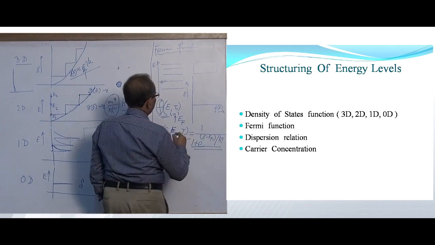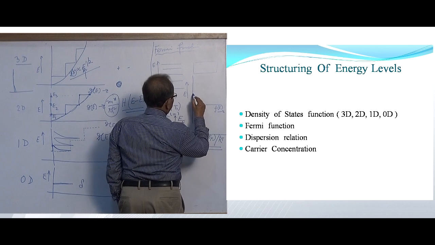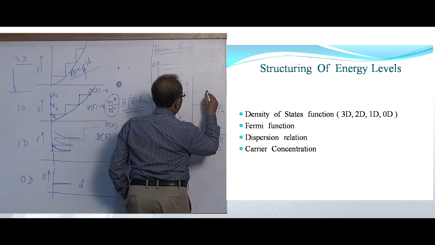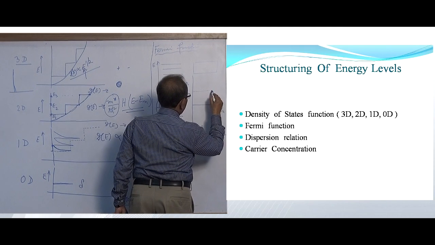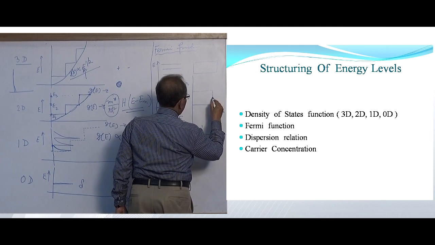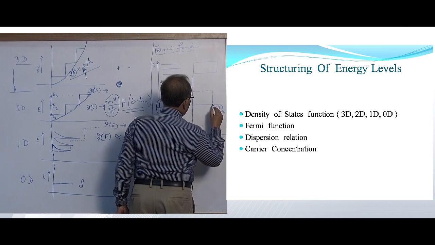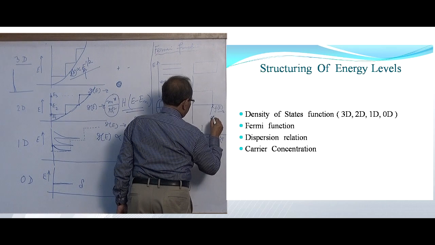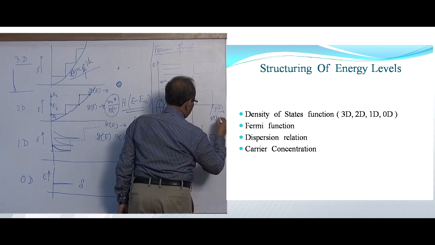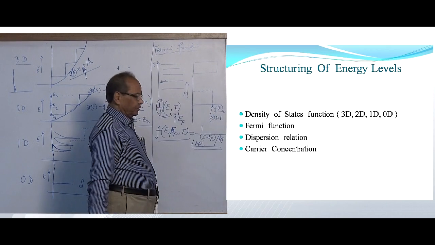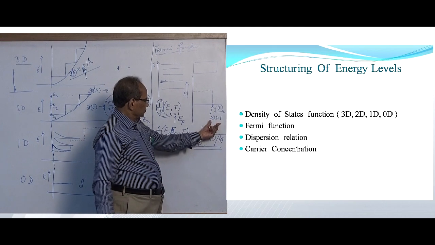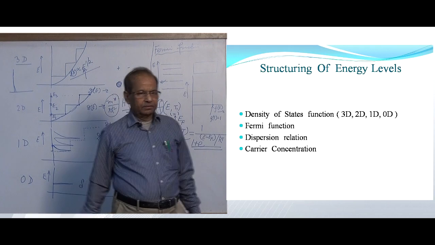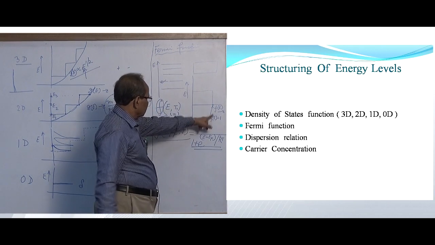Now from here to here you see that here Fe equal to 1, maximum value, because the probability cannot exceed this value 1, so it's the highest value.